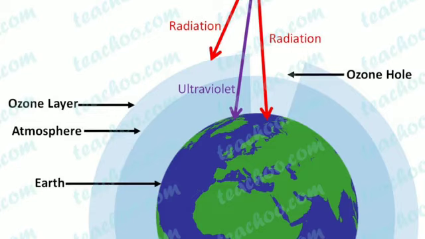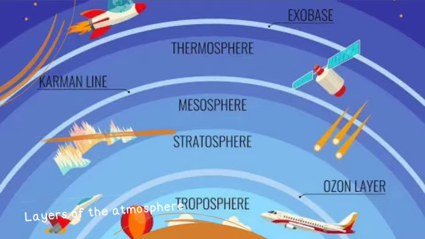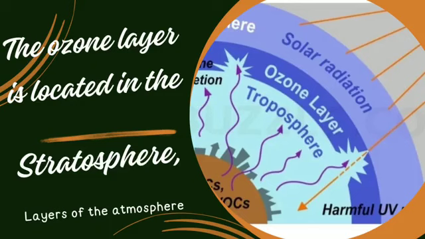Depletion of the ozone layer. The atmosphere is the region of air above the Earth's surface. The principal layers of the atmosphere, according to their temperature, are as follows: thermosphere, mesosphere, stratosphere, troposphere.